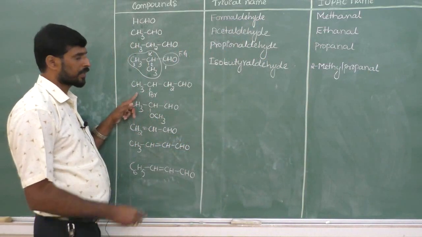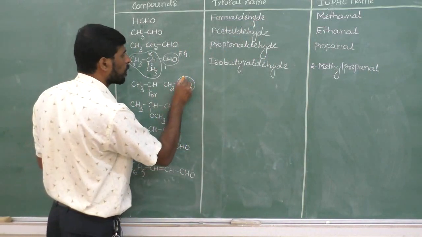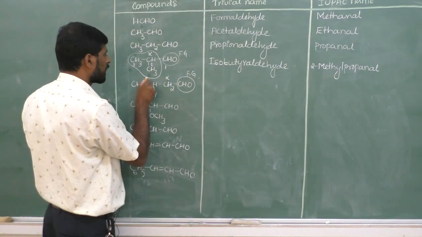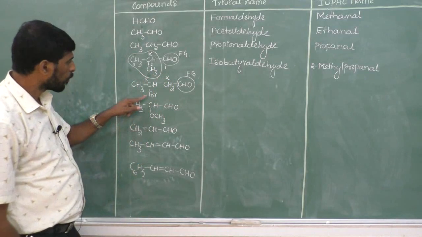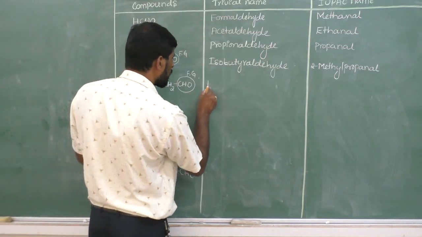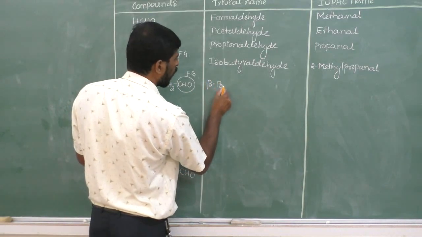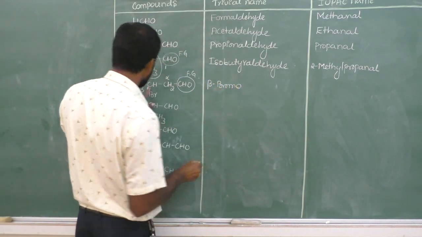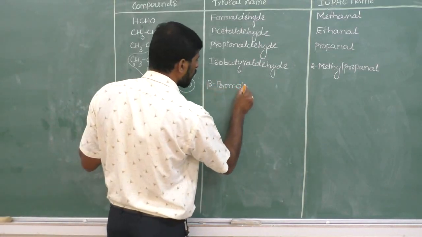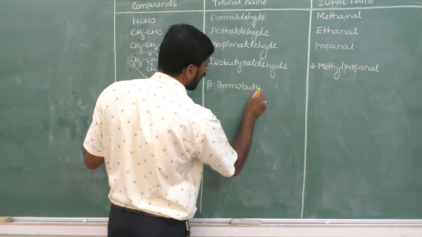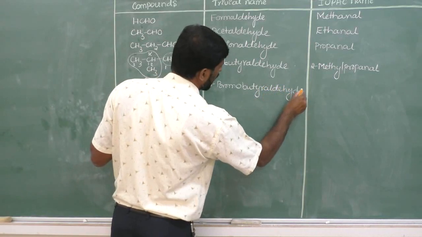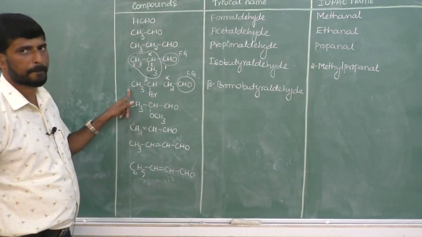Now observe this. This is a functional group. This is the alpha carbon atom. This is the beta carbon atom. Bromine is attached to the beta carbon atom. Therefore, what is the common name? It is beta-bromobutyraldehyde.